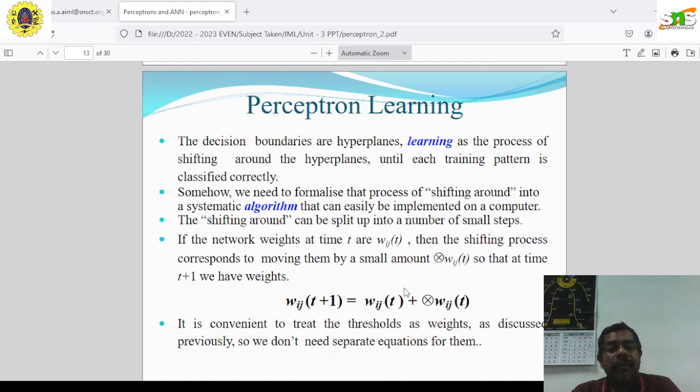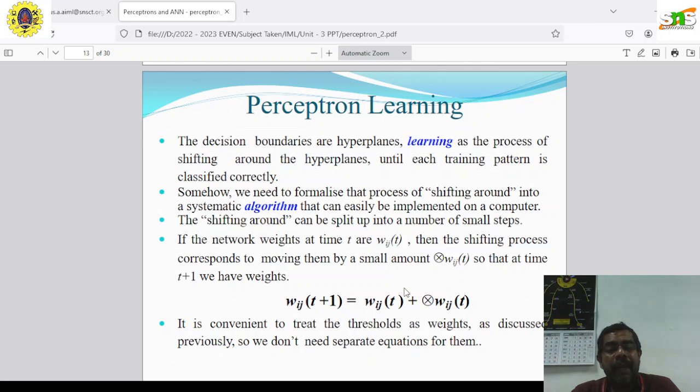Now, if the network weight at time t is wij(t), the shifting process corresponds to moving it by a small amount Δwij(t), so that at time t+1 we have the new weight.